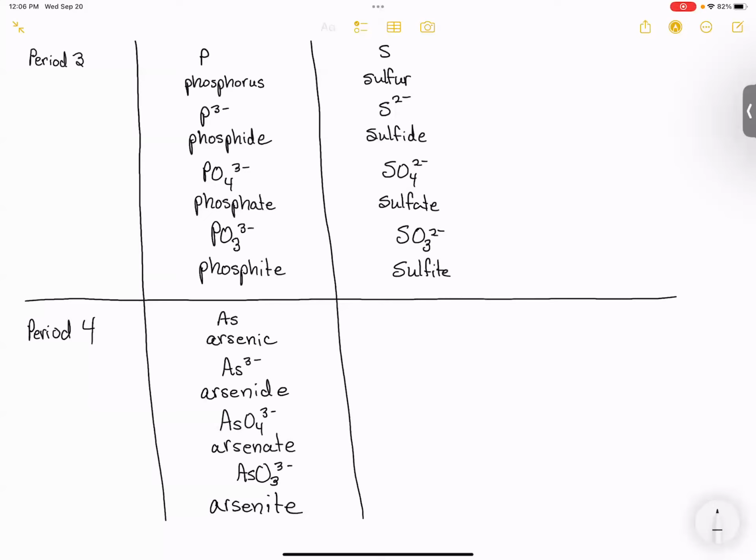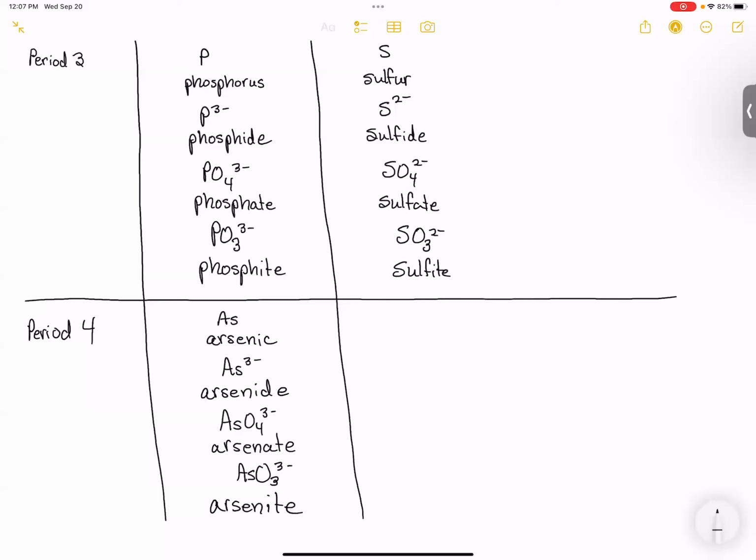In group 15, they're all a -3, just like the anion of the element. And in group 16, they will all be a -2, just like the anion of the element. Again, period 2 is an oddball. That's why we're starting with period 3 and period 4 here.